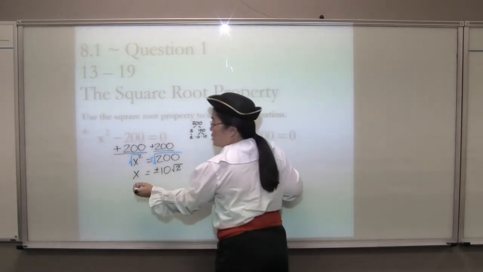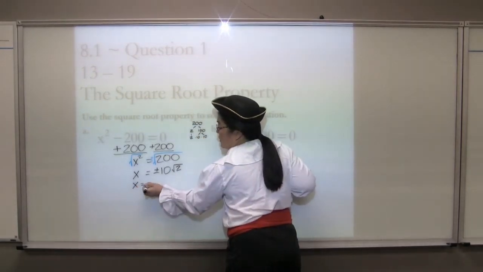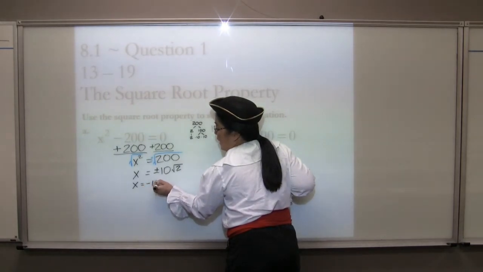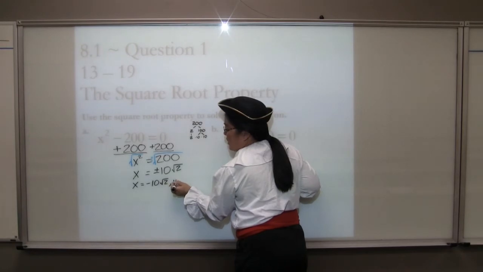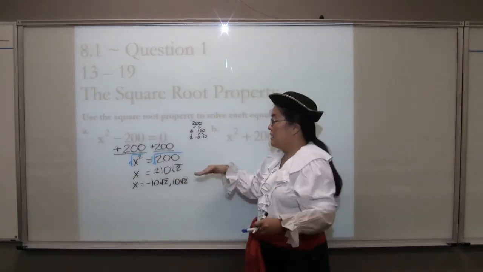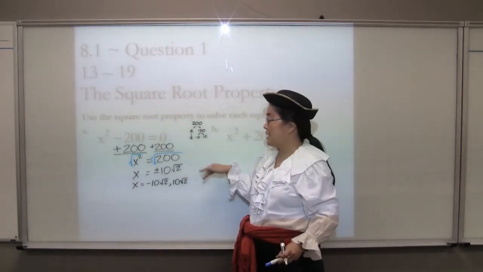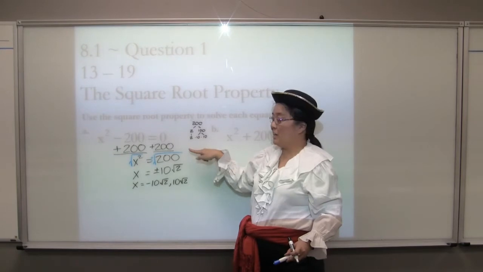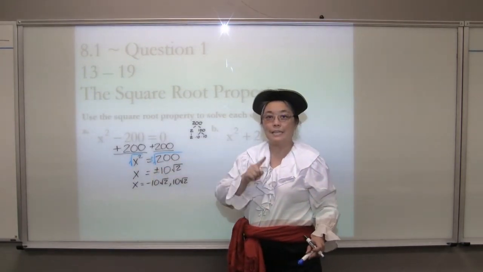However, some of the college professors and the program called MyMathLab that the colleges use would like you to write it as negative 10 square root of 2, negative answer first, comma, positive answer second. So, for our class, if you want to get prepared for the next class, showing work, I absolutely need to see this in this section.